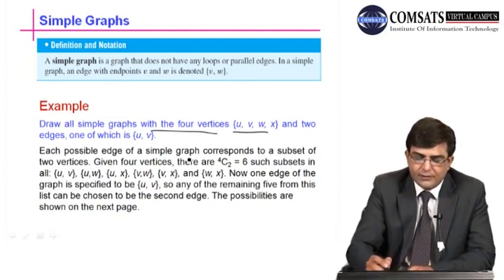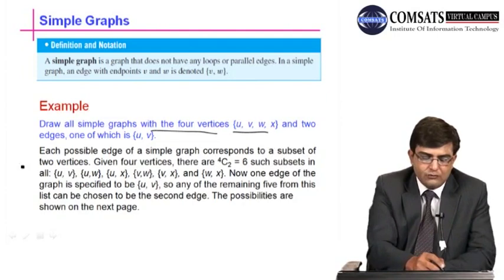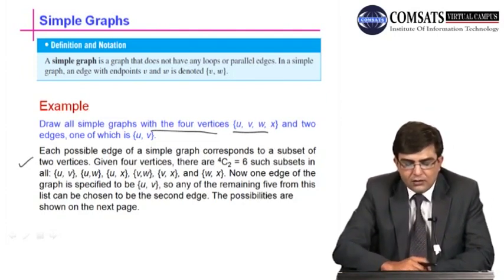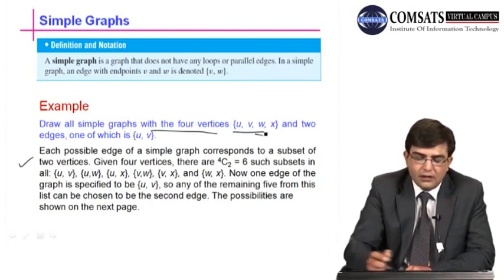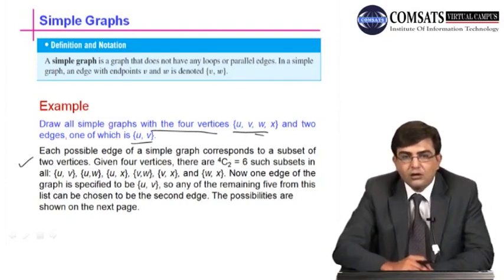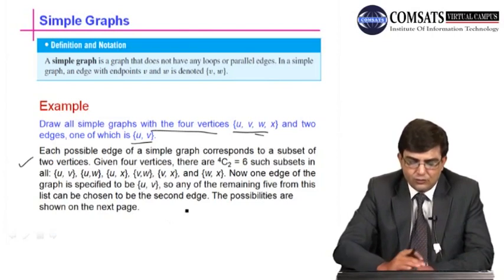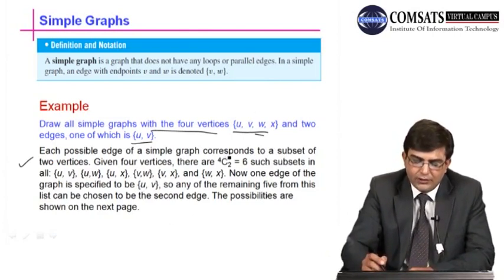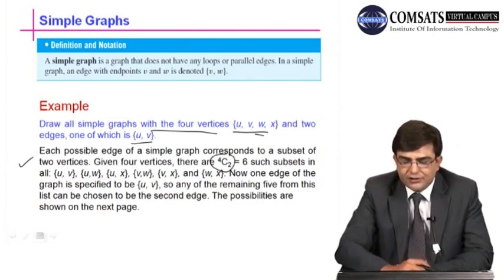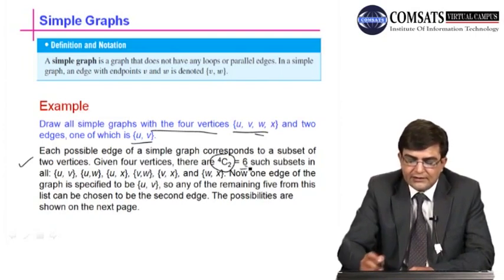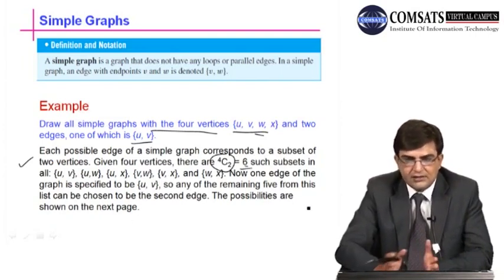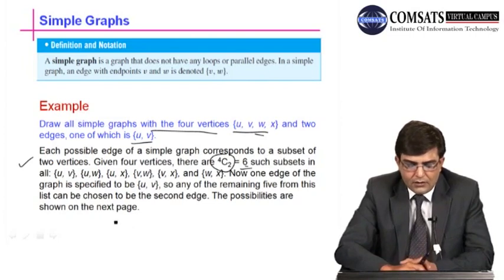Each possible edge of a simple graph corresponds to a subset of 2 vertices. So here we have 4 points, and we have to draw simple graphs with 2 edges. So we can use combination here, 4C2, and we can get 6 such subsets for which we can draw simple graphs.